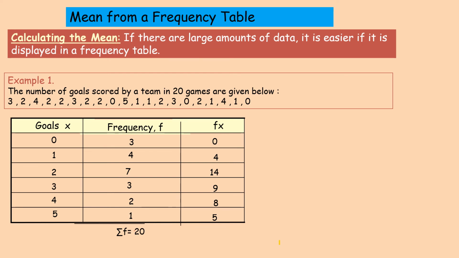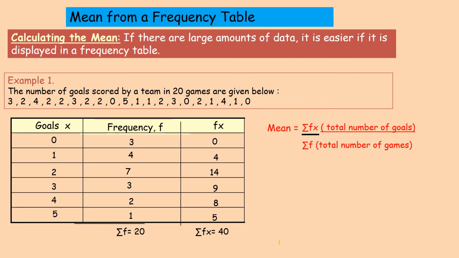The sum of your frequency is 20, so altogether there were 20 games. And your sum of fx, which is your total number of goals, would have been 40. The third step is to divide the total number of goals by the total number of games to find out the mean, which would be 40 divided by 20, which would give you 2.